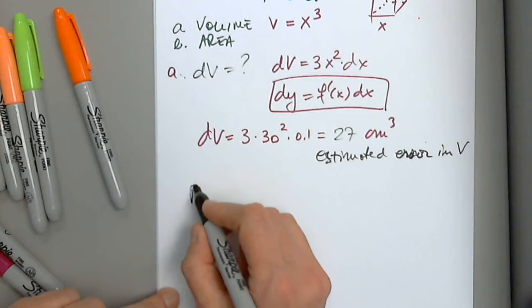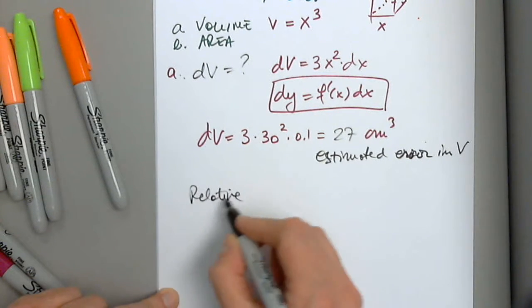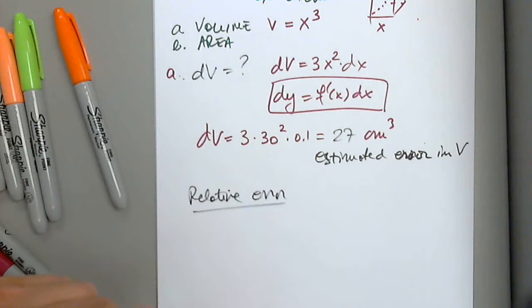What is the relative error? Okay, I think you don't agree with what we get. So it's 900 multiplied by 3 and multiplied by 0.1. 270. Very good.